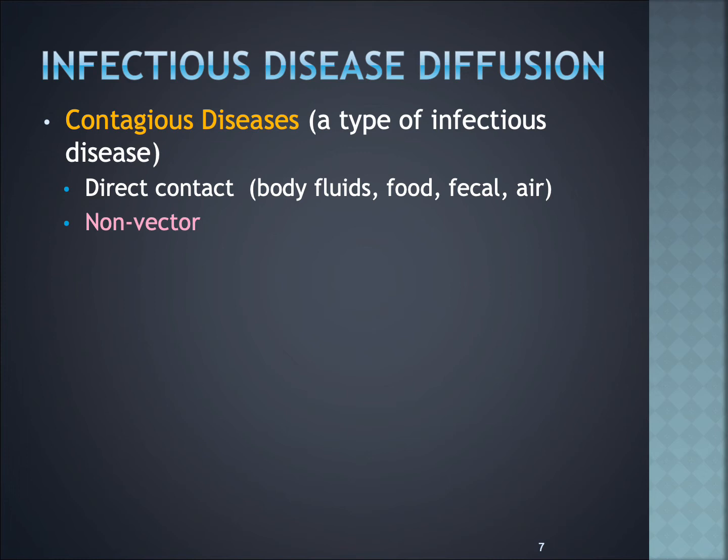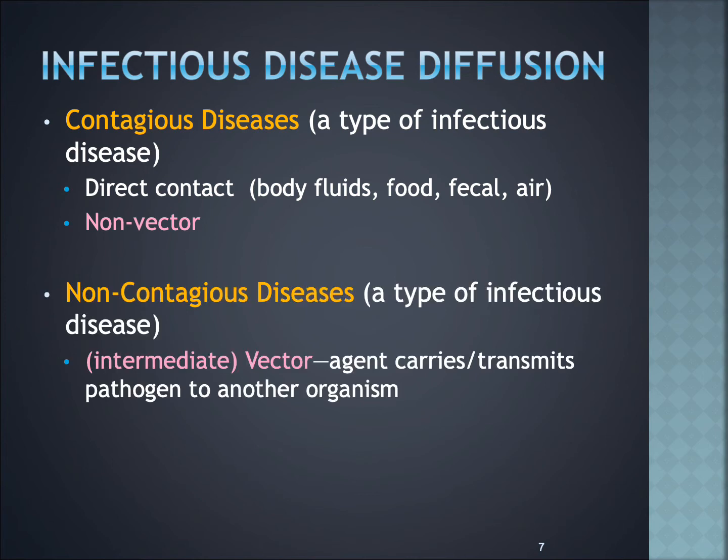Contagious diseases can occur through direct contact. If they occur through direct contact, we refer to them as being a non-vector disease. So if we have direct contact with bodily fluids, food, fecal matter, or droplets in the air, that's contagious. We can refer to that as non-vectored. If it's a non-contagious disease, we talk about it as a vector disease.